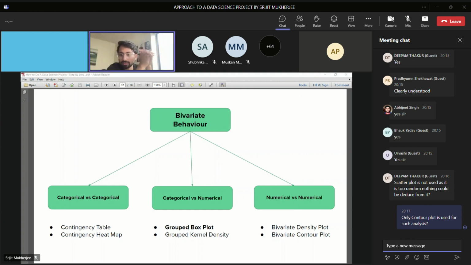Okay, so another question, Ayushi Pathak is asking, is only the contour plot used for such analysis? Yes, I use that. This is what I do for my own work. My goal here is to reduce your list of data visualization techniques to understand, based on your goal. You can use other things too, but I use this because it's helpful for me.